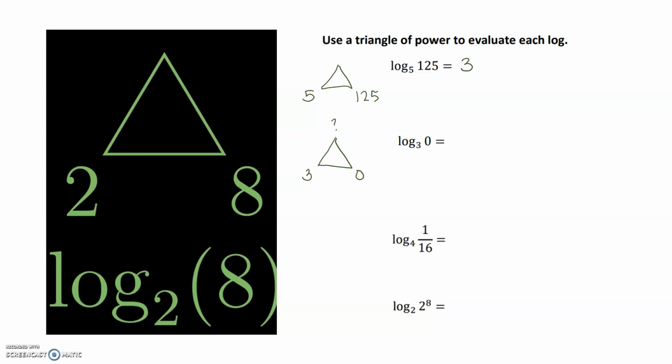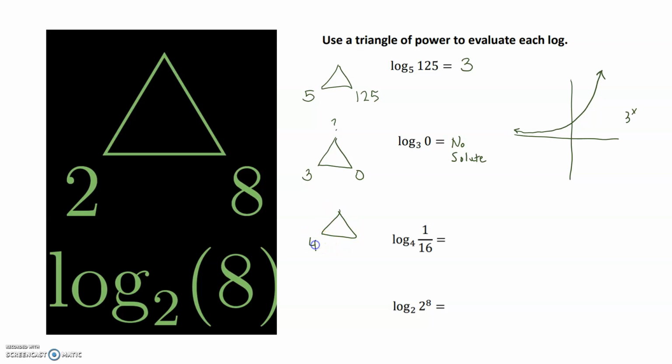But actually, this is a trick question because there is no number that raises 3 to a power and gives you 0. Remember, 3 to the x looks like this, and that doesn't ever exactly reach 0. So this one has no solution because there's no answer to 3 to the x is equal to 0.